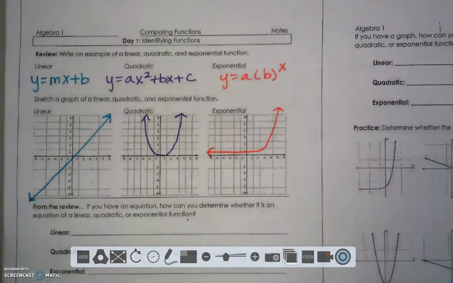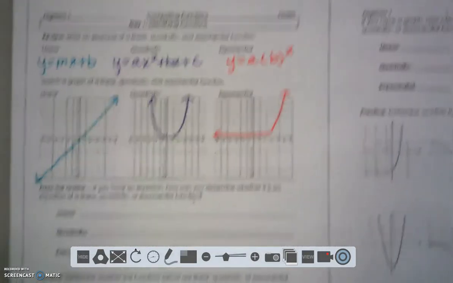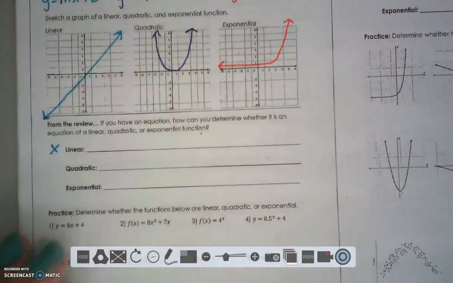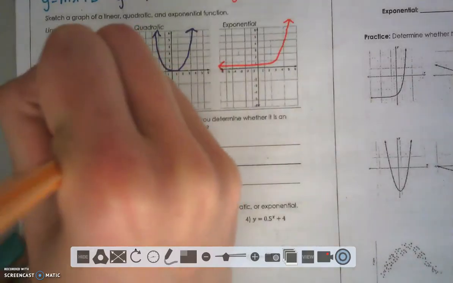Okay. So from review, if you have an equation, how can you determine if it's linear, quadratic, or exponential? Well, linear functions are just going to have a plain old x. Okay. There's no exponent.